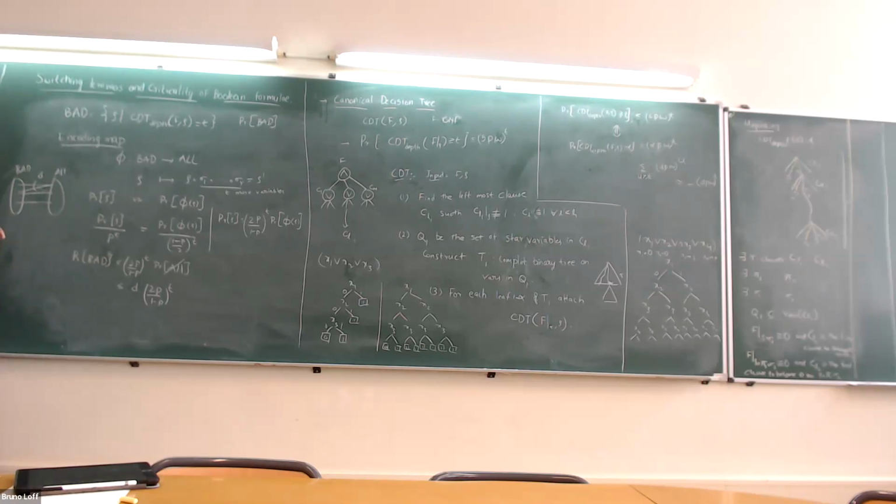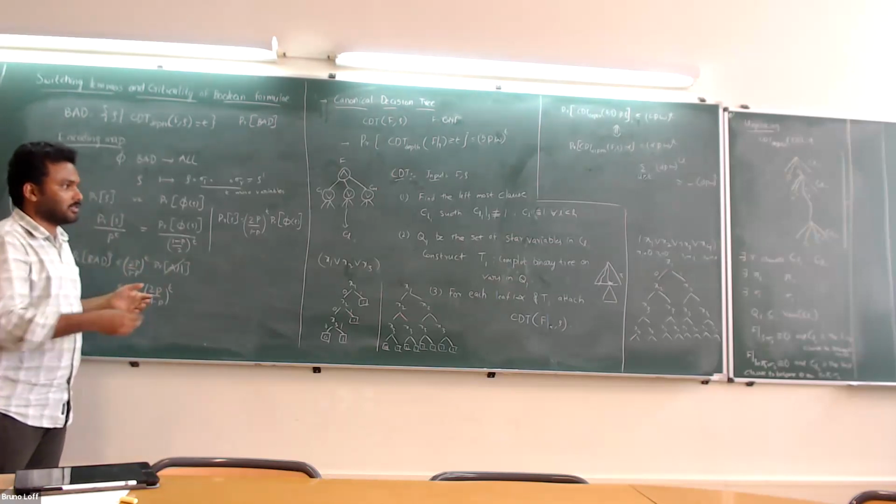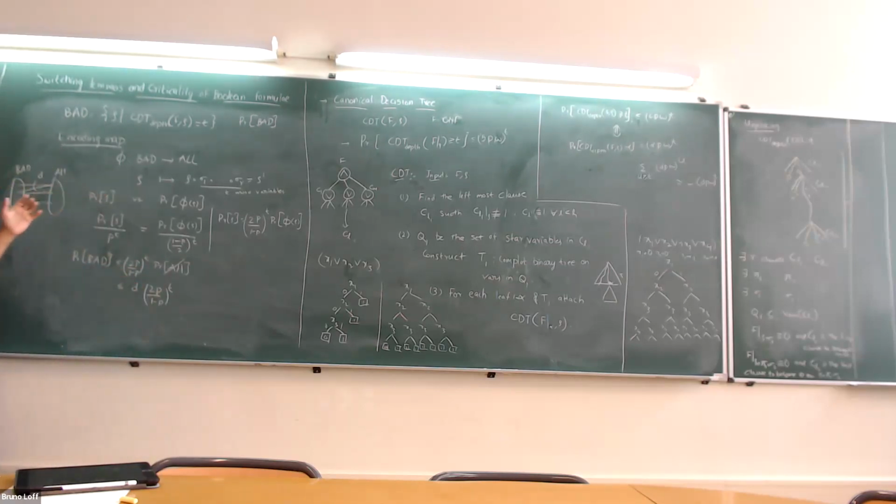Right. So the rest of the proof is going to involve bounding: given a rho prime, how many rho's led to that?